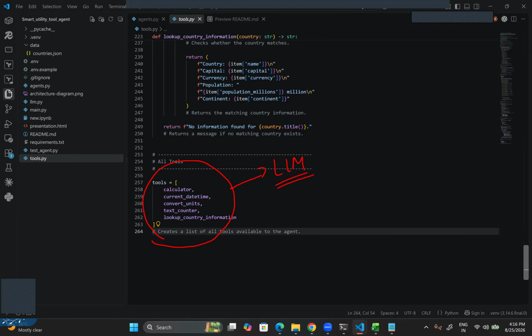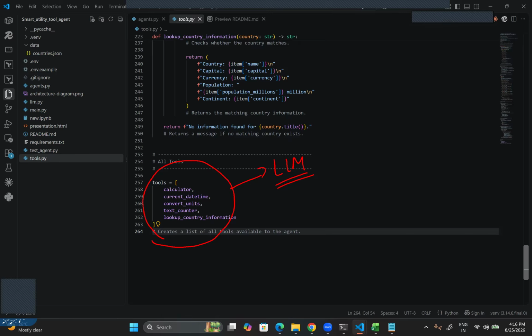But what is the most interesting part over here? The only AI-driven part of this whole file is that the model decides which function to call and with what arguments. Everything after that is deterministic.